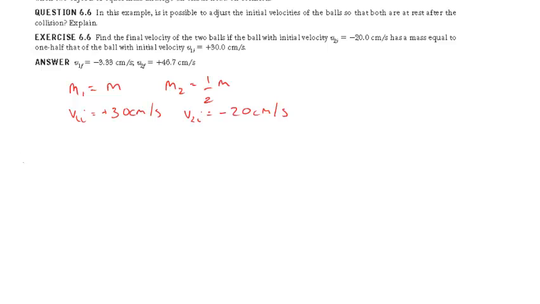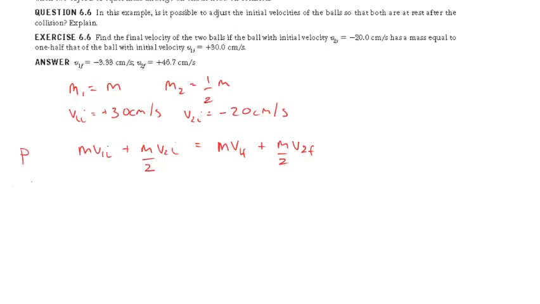So if we put these into the momentum equation, then we have mass times the initial velocity of 1 plus mass over 2 times velocity 2, equal to mass times the final velocity of 1 plus m over 2 times the final velocity of the second object.